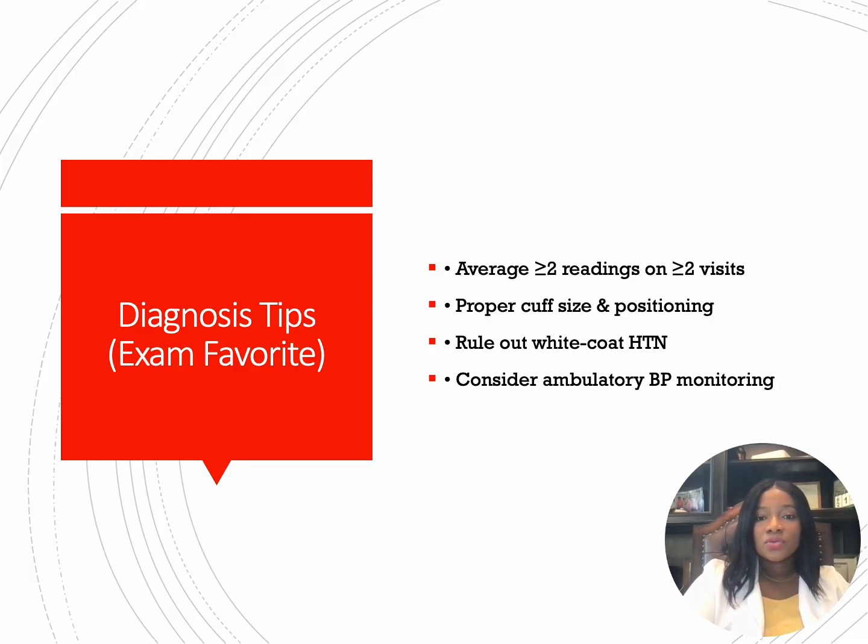Make sure that the proper cuff size and positioning are used correctly, so they cannot cross their legs and all that. If readings are borderline, let's say that the log they have at home is different from the one you have at the office, make sure you consider white coat hypertension.